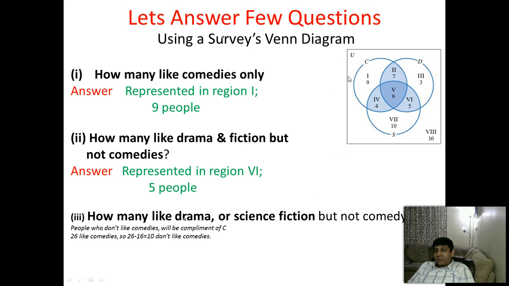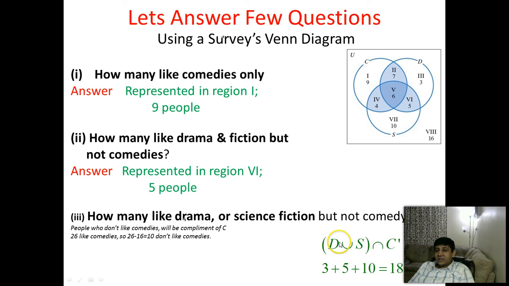People who don't like comedies will be the complement of set C. The 26 people who like comedies are given to us, and the universal set minus that 26 gives the number of people who don't like comedies. So our answer is 10 here.